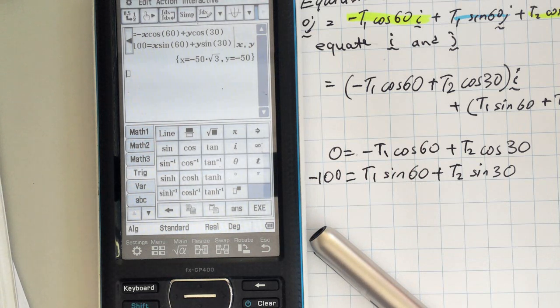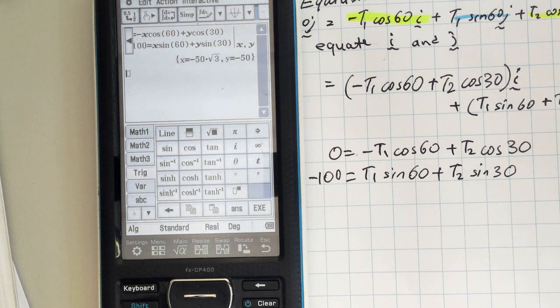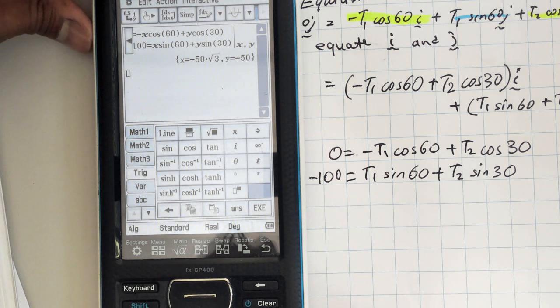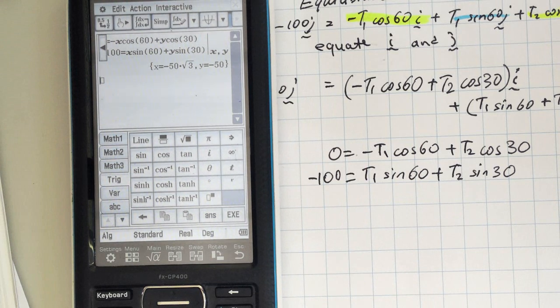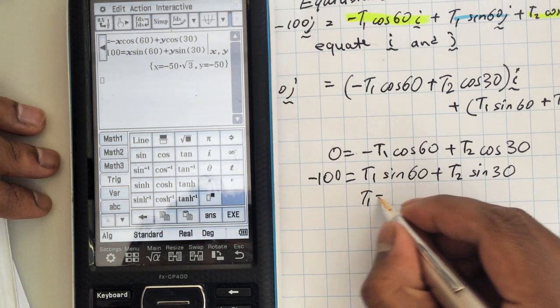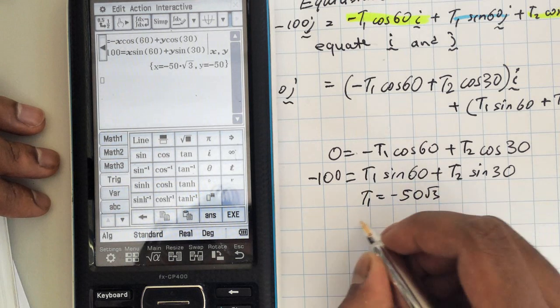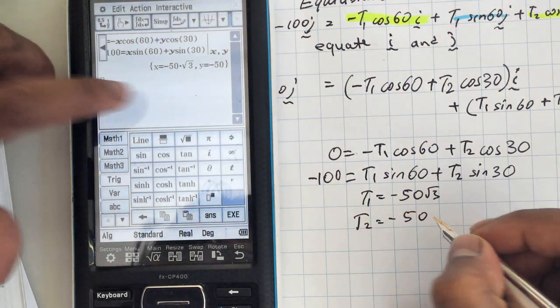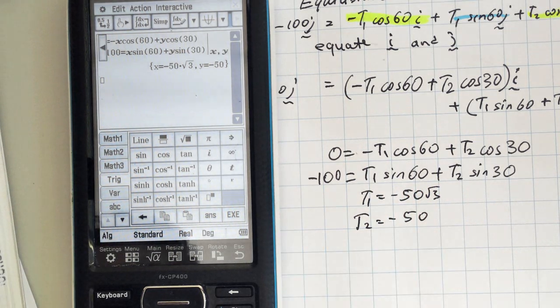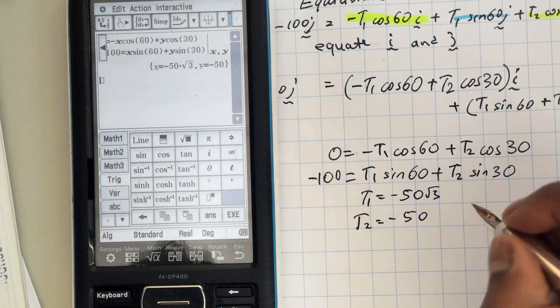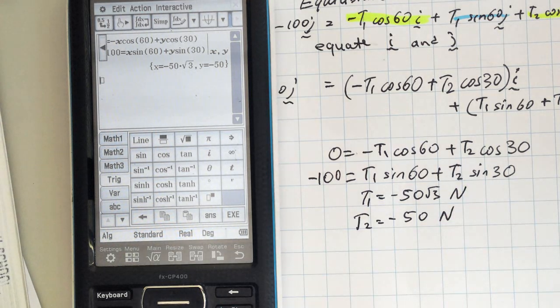So what does that mean? What was X again? X was T1. Alright, so basically X or T1 equals negative 50 root 3 and T2 equals negative 50. And that's it.